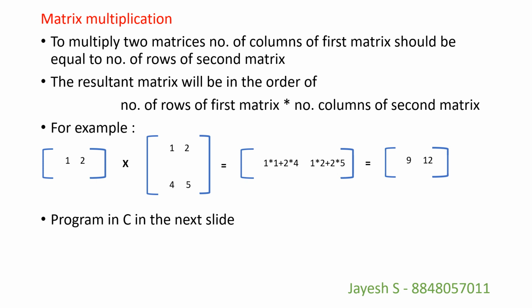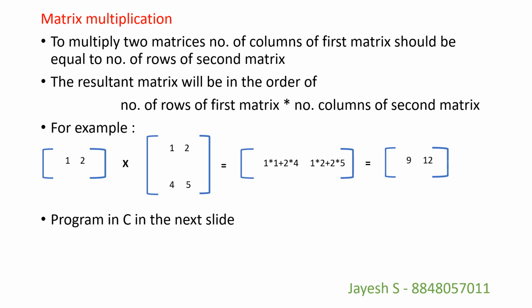And the first row of the first matrix is multiplied with the second column of the second matrix to get the second element.